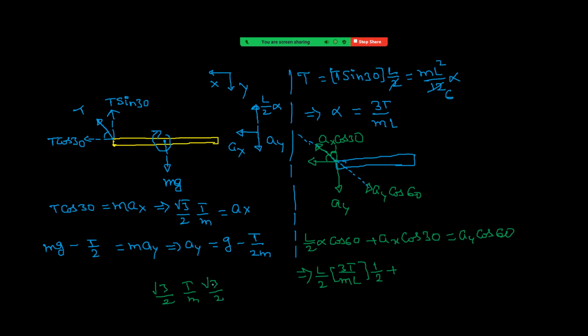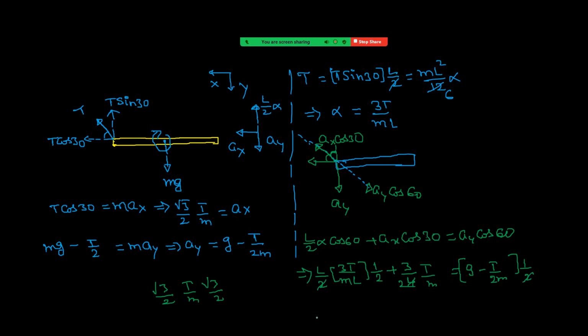Root 3 by 2 into root 3 by 2 is 3 by 4, so 3 by 4 T by m. That is equal to ay, which is g minus T by 2m into 1 by 2. Now here 2 gets cancelled and here 2 gets cancelled.